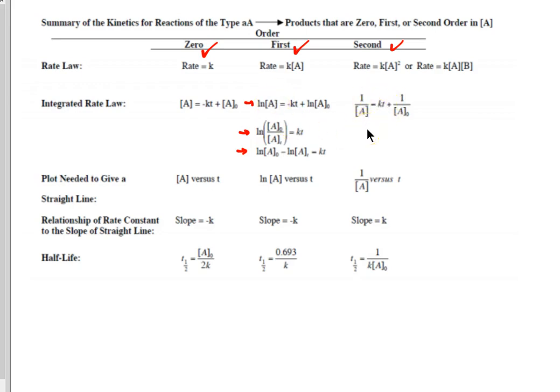I will warn you, one big mistake here is it gives you negative k, and you found your slope, and it was equal to negative k also. When you find the slope, and it's first order, this is the slope because that negative's there. Don't turn it positive because k is positive.